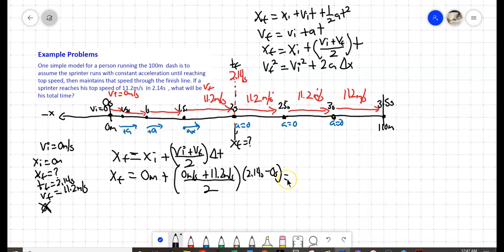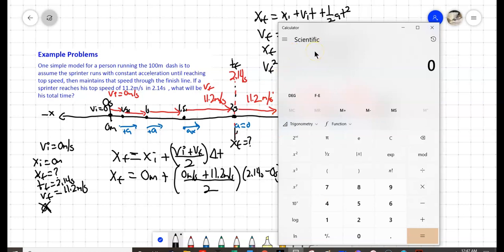Okay, so let's go ahead and figure out what this is. So 11.2 divided by 2, I'm going to pull out my calculator. 11.2 meters per second divided by 2 is 5.6.